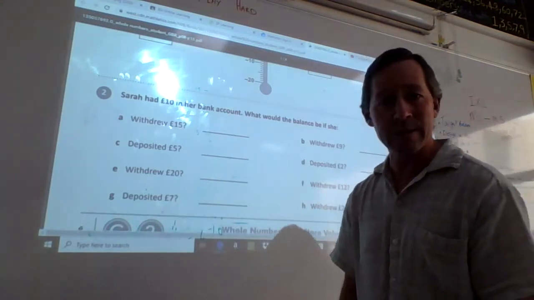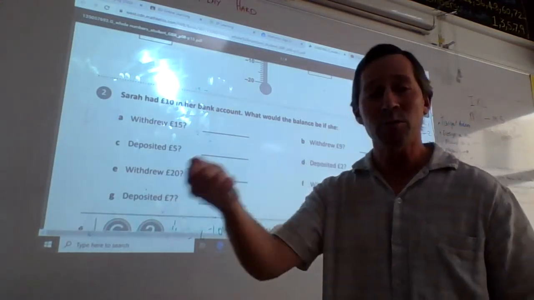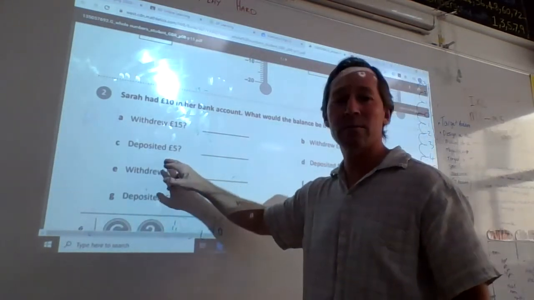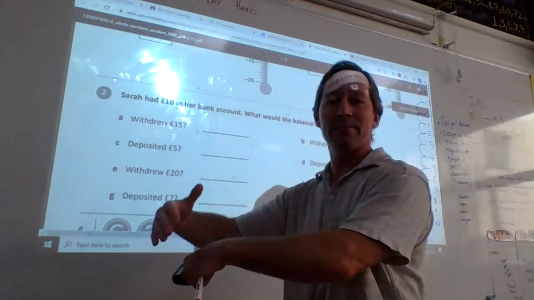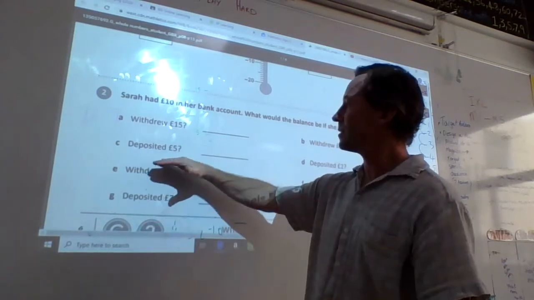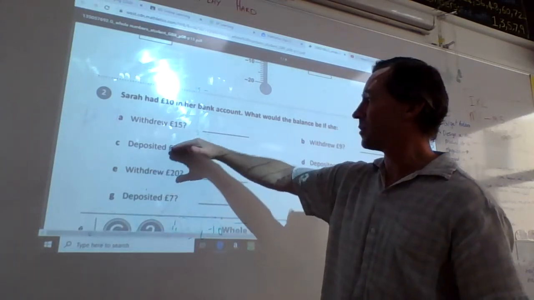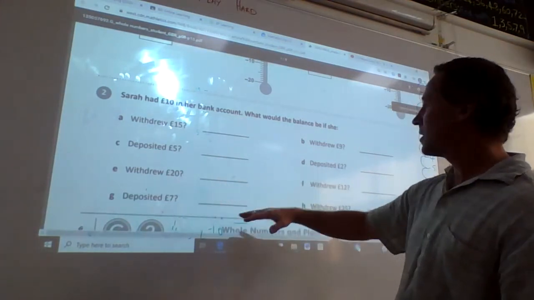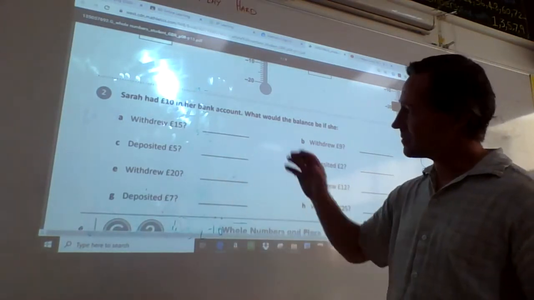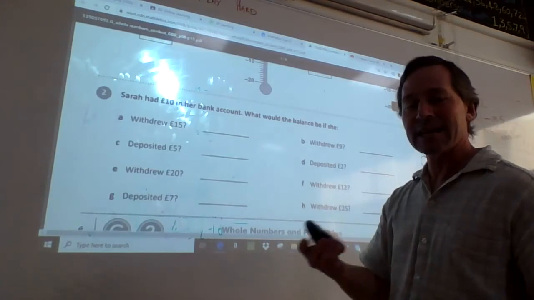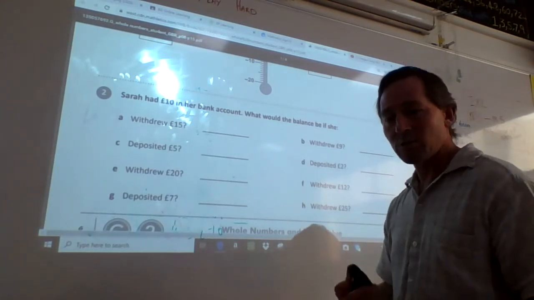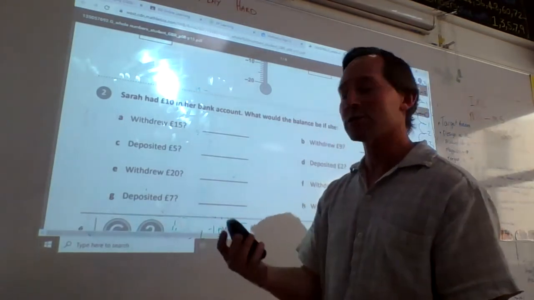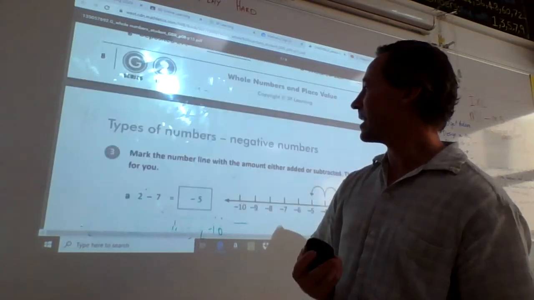So if you've got some spare money, you go to the bank and you put that into your bank account. Deposited means it's getting bigger. So that would be a positive, you'd increase. Withdrew. So when you get to some of these sheets, just think, are they taken away? Is it a minus or am I plussing? Am I adding? So negative and positive numbers can be a bit tricky at times.